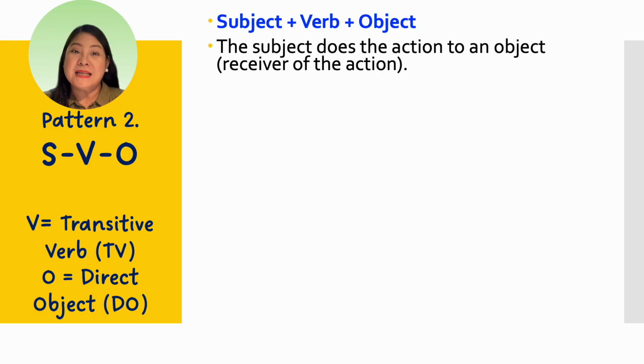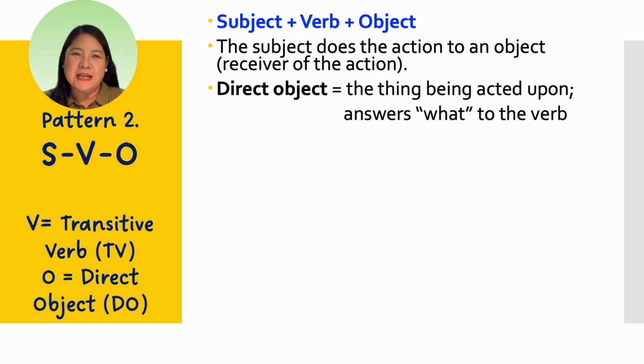So the subject does the action to an object, and that object is actually the receiver of the action. So let's have this definition. Direct object is the thing being acted upon, and it answers what to the verb. We're going to find out.